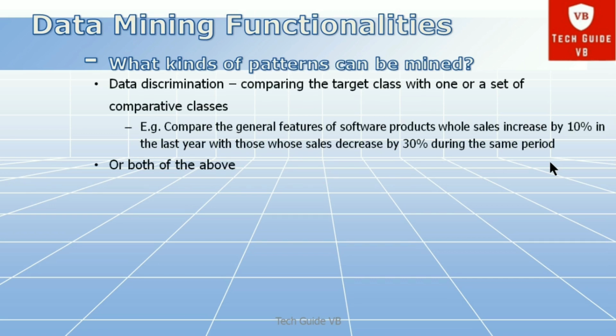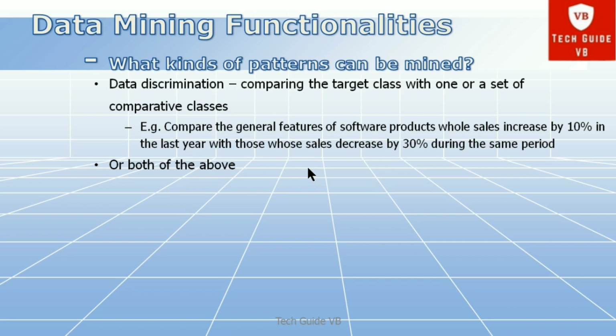Data discrimination means comparing the target class with one or more sets of comparative classes. In data discrimination, we are comparing the target class with other classes. For example, compare the general features of software products whose sales increased by 10% in the last year with those whose sales decreased by 30% during the same period.